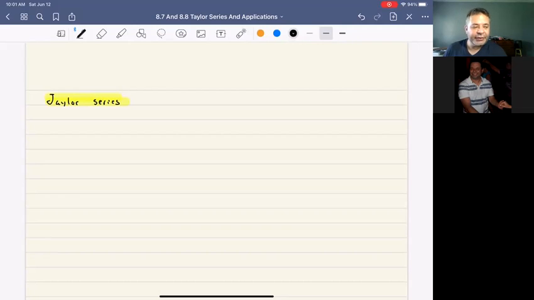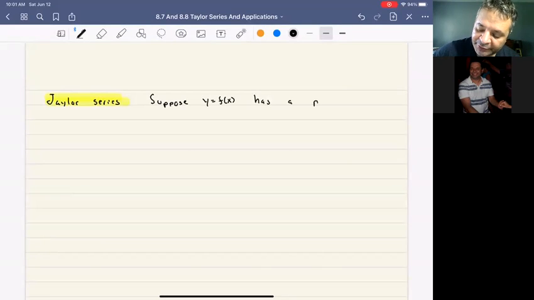Okay, so let's suppose that y equals f of x has a power series representation about x equals a.